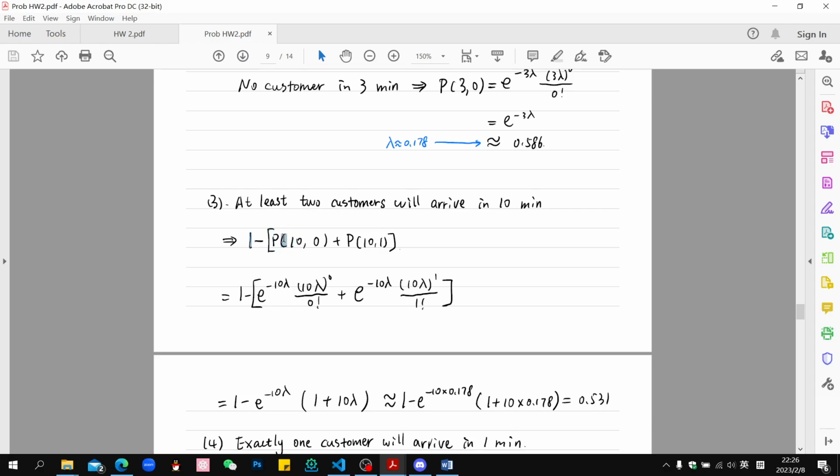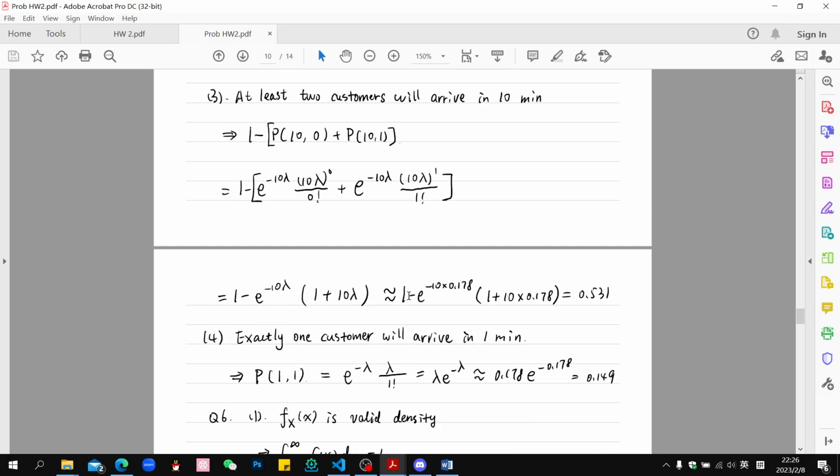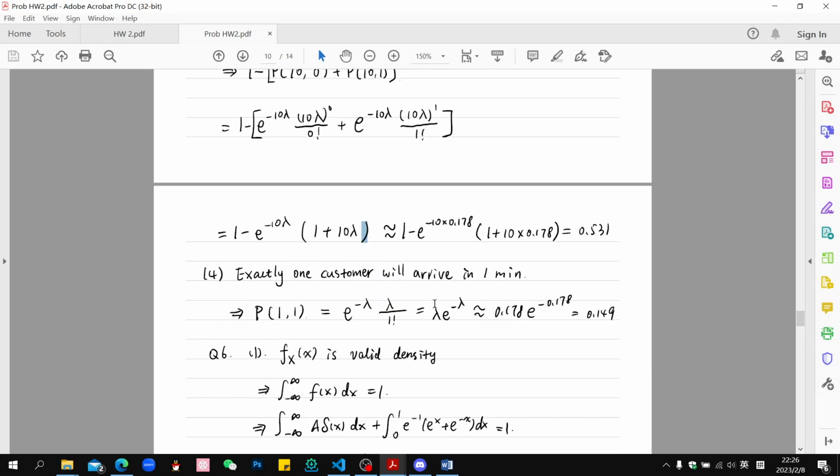So that is 1 minus the sum of p(10,0) and p(10,1). This is the expression we finally can calculate by putting the lambda value back in. That is approximately 0.531.